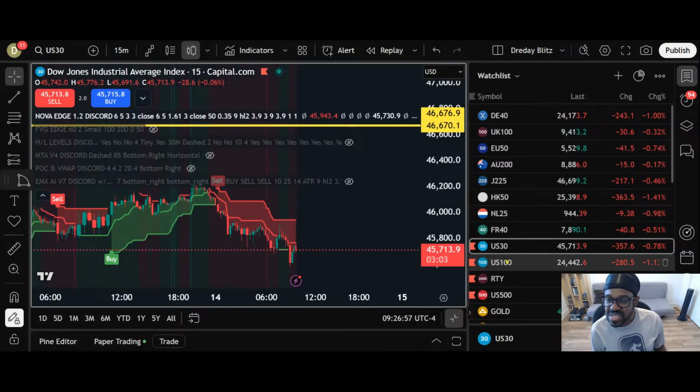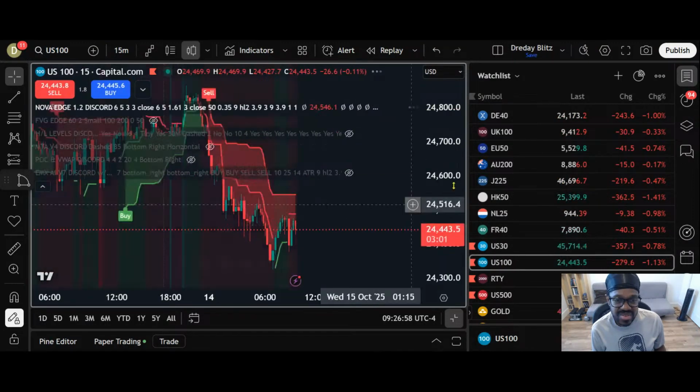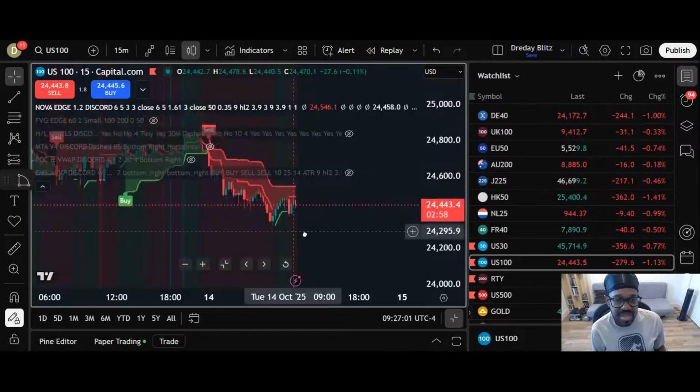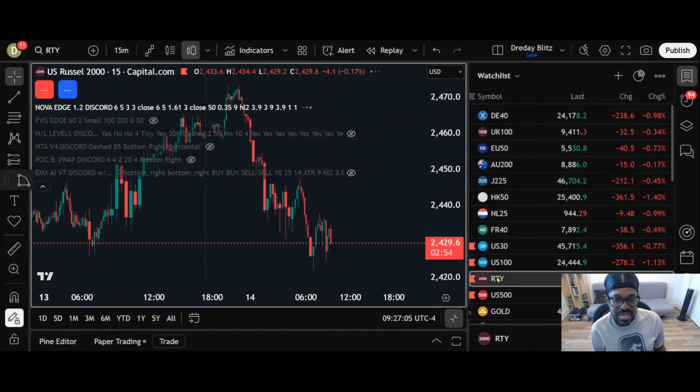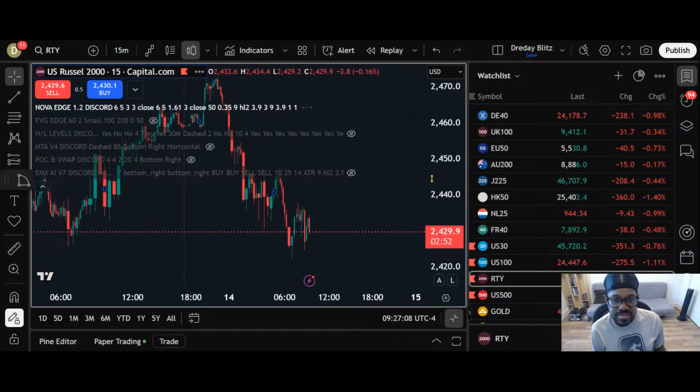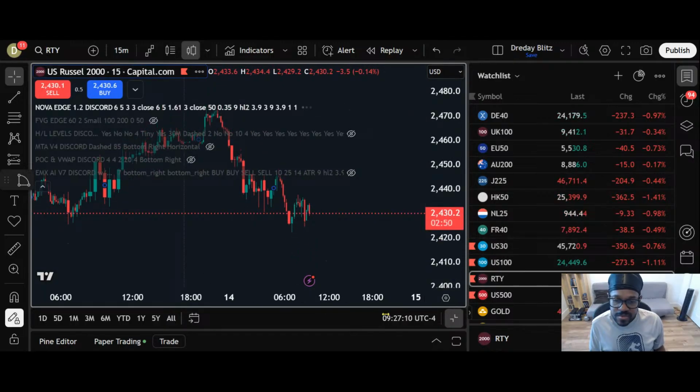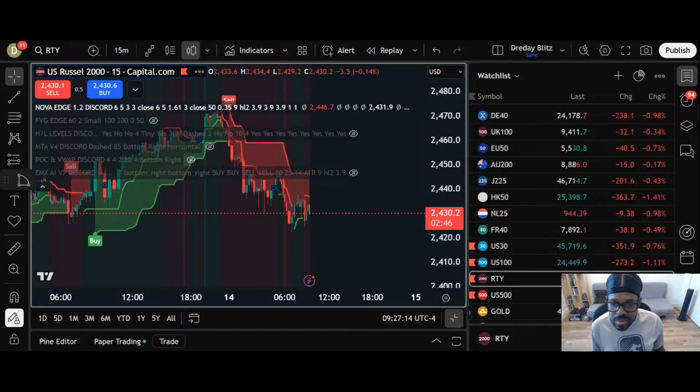On the indices here, if we look at the US30, NASDAQ, and all that stuff, they're trading to the downside right now. They seem to be consolidating a little bit. We'll see exactly how everything goes.